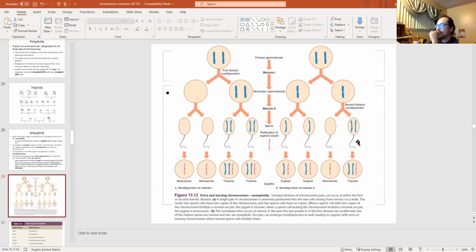In this case, if it only happens in one type of chromosome, this is called trisomic, right? And this will become monosomic. Trisomy and monosomy, so that's that.